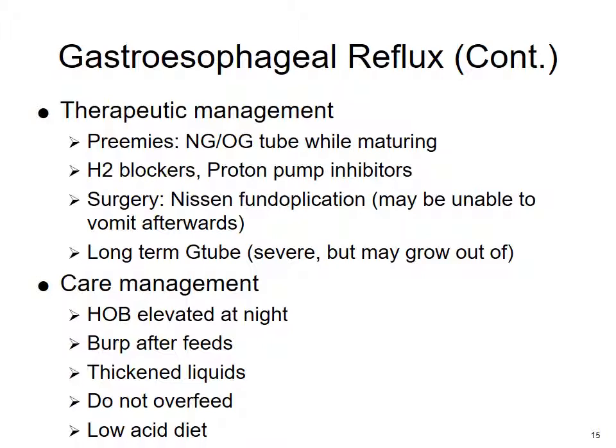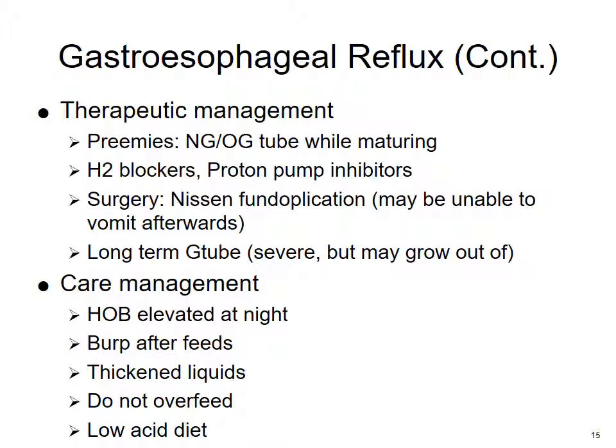In our more severe cases, there's a procedure called a Nissen fundoplication where the entire area is tightened. The top of the stomach is wrapped around the bottom of the esophagus, and it is tied in there very tightly. They tighten up that sphincter, and these patients who've had this procedure may be unable to vomit afterwards.